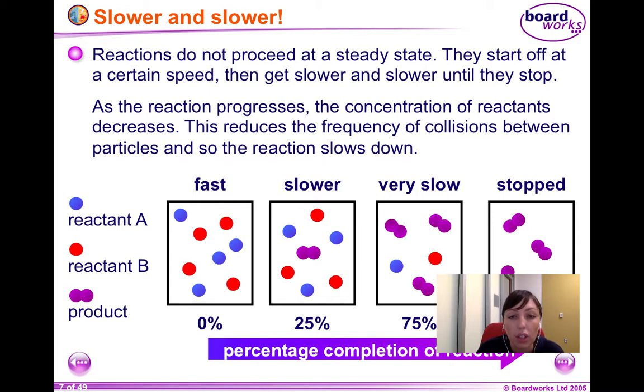So it starts off a little slower where only a few particles have collided, and you can see the purple there is the product. Then 75% of the reactants have bumped into each other and you have more product. And at the end of the reaction, 100% of the reactants have bumped into each other with enough energy to react, and all you have left are products. And that's when the reaction stops.